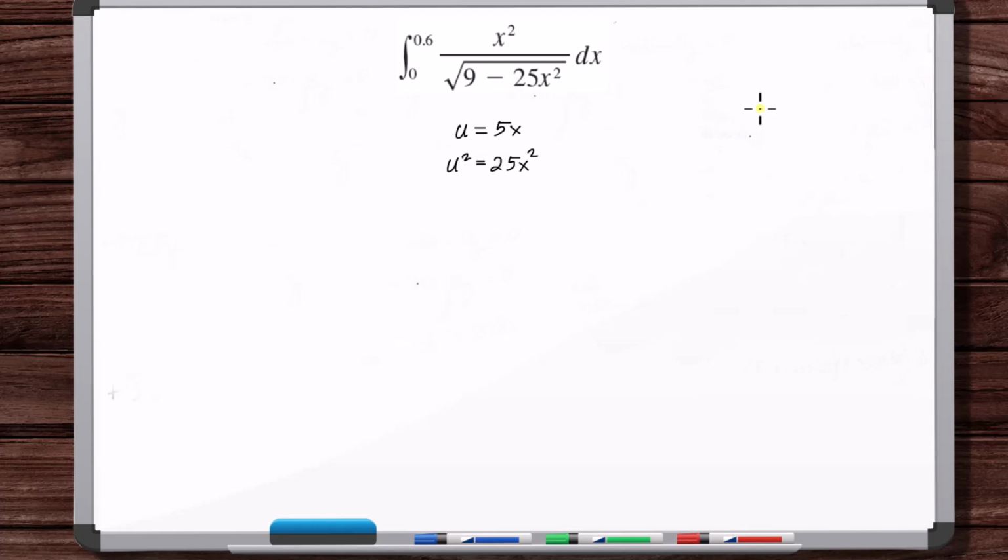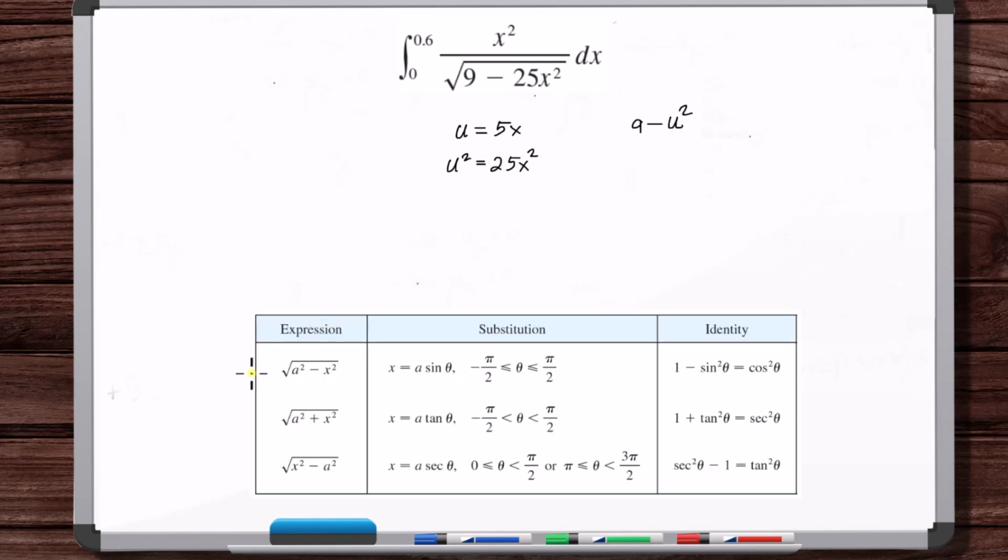And so this 9 minus 25x squared is equal to 9 minus u squared. And so now this is in the form a squared minus x squared. Well, x is u in this situation, and we could work with this with a trig substitution.